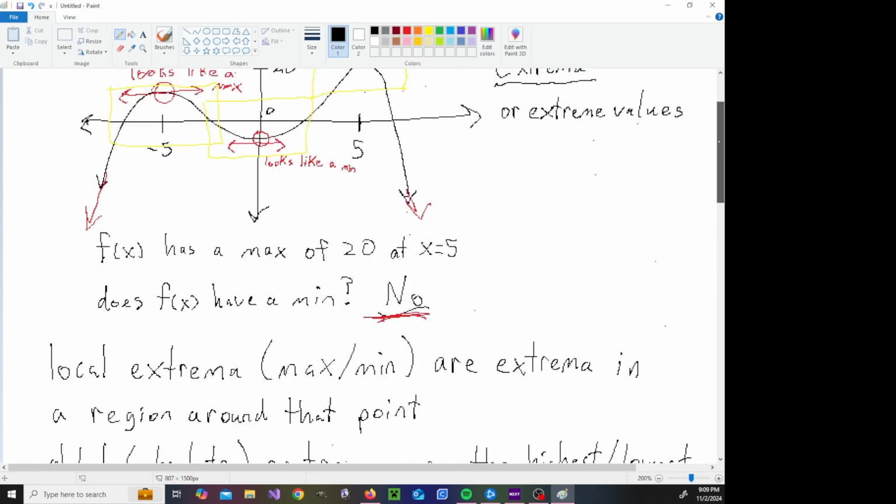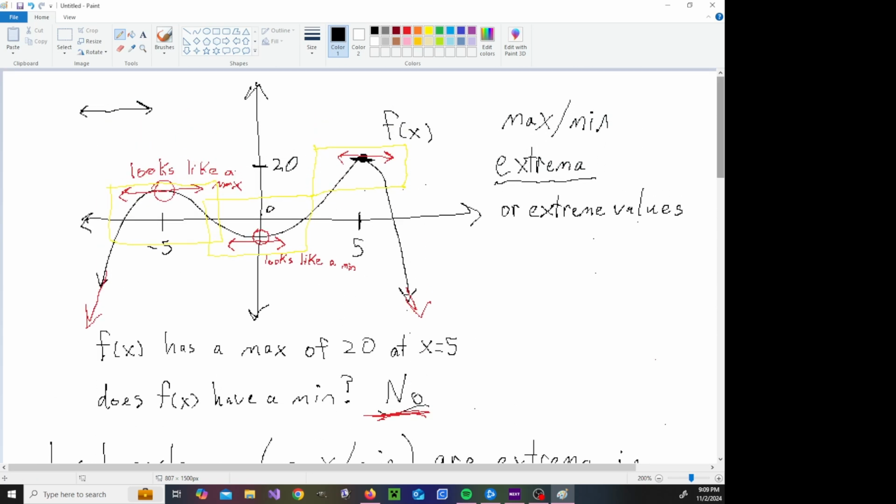So here in this example, it is certainly true that I have local extrema in each of these yellow boxes, but I only have one global extremum. There is only going to be one genuine highest value the function ever achieves. And again, is there actually a global minimum?